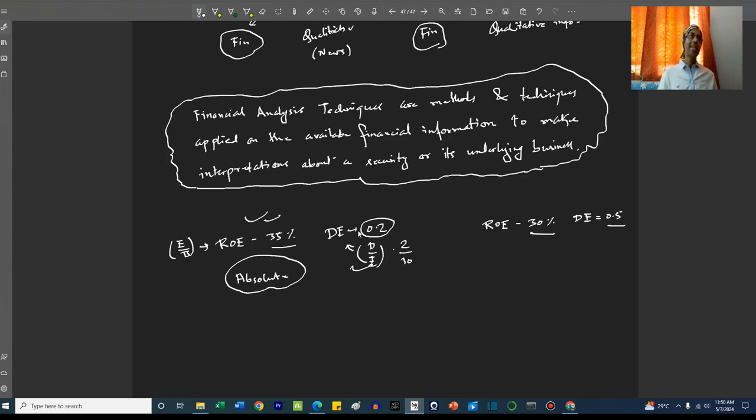This is also good; its debt to equity of 0.5 is decent, not bad. In absolute terms, an ROE of 30% under a low debt scenario like this is quite good. But if you compare both, then the first company, that is company A, if you term them company A and B, company A seems to be more attractive, right?